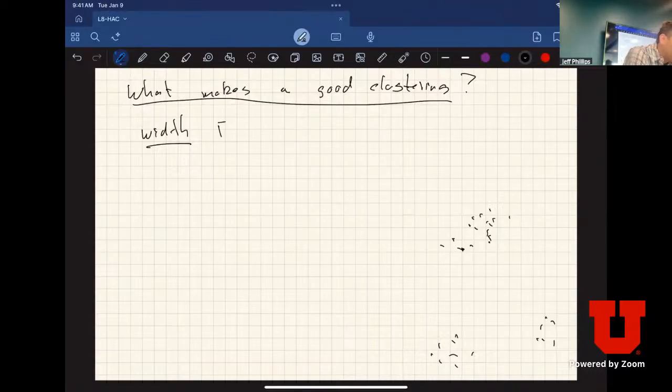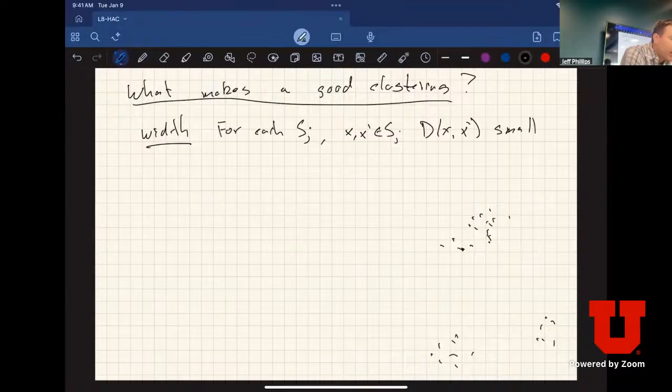For each cluster Sj, for points x and x prime in the cluster Sj, I want the distance between x and x prime to be small.